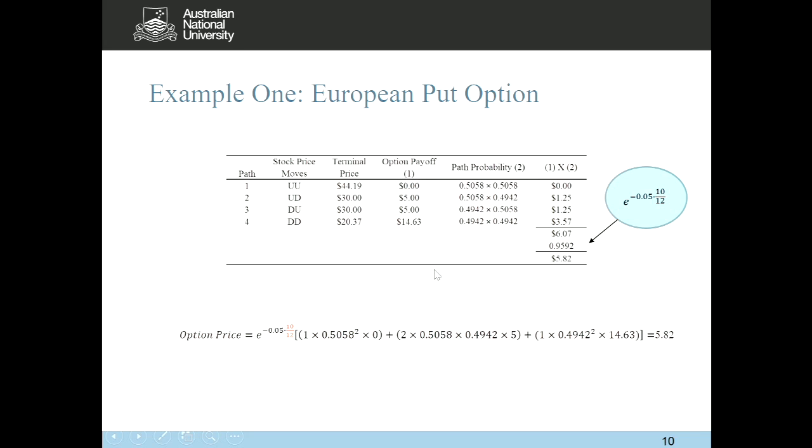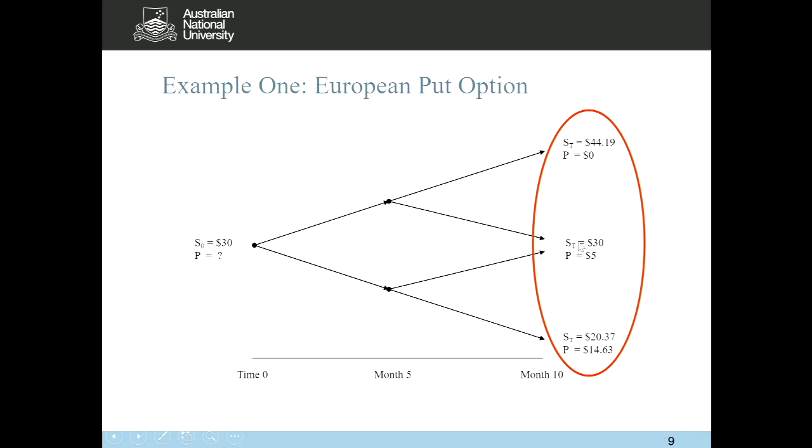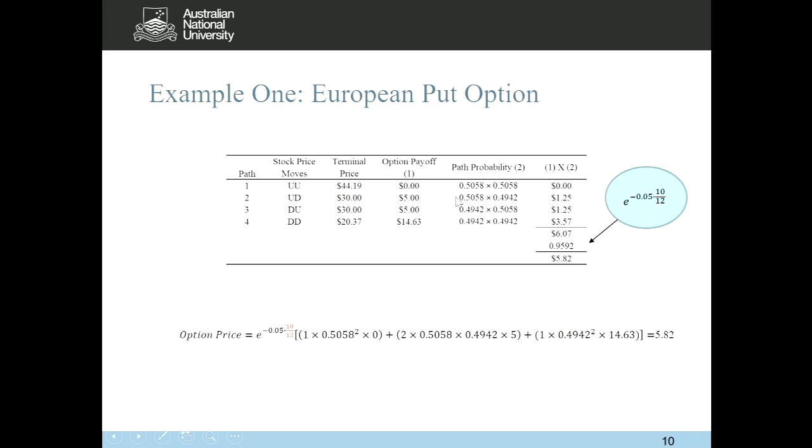All right, and I mentioned before, we have two ways to get to the middle point, $30, which is for the share price to go up, so that's the probability of going up, 50.58, then times the probability of going down, 49.42. So that's the up and down. Alternatively, we can get to the $30 point by going down, then going up, but the path probability is the same, right?